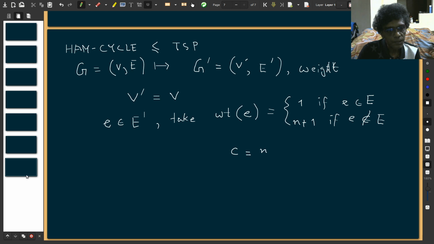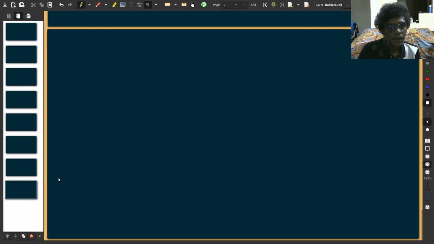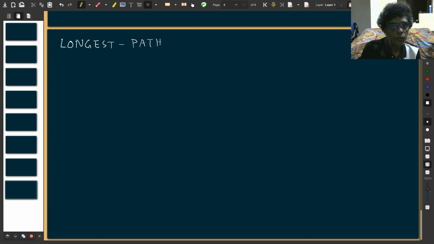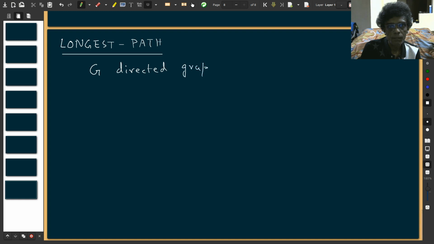And there is, let's say, this problem, longest path. So once again, let G be a directed or undirected graph, it doesn't matter. This time let's say this is a directed graph, with S and T two vertices.